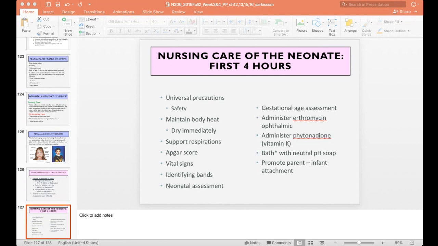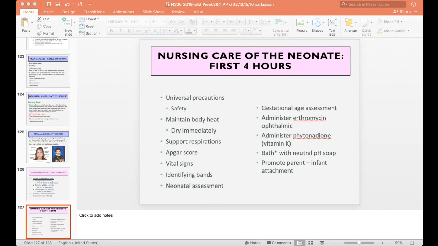We talked about this. Dry the baby immediately, keep the baby warm, ideally skin to skin on mama. We want to support the baby's respiration, so look and make sure the baby doesn't have any nasal flaring, no retractions, no grunting, everything is fine. The baby's color is okay. Keep them skin to skin.